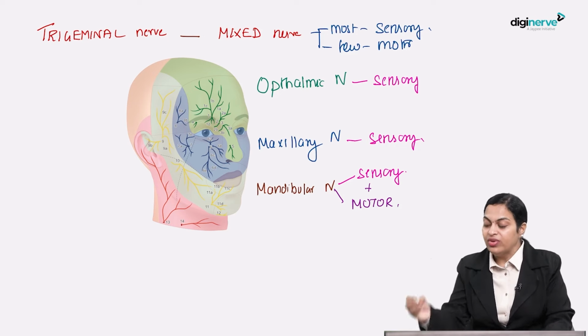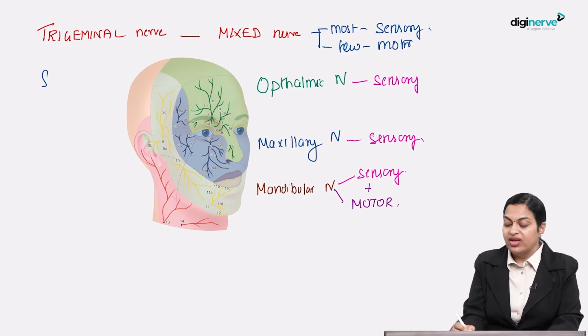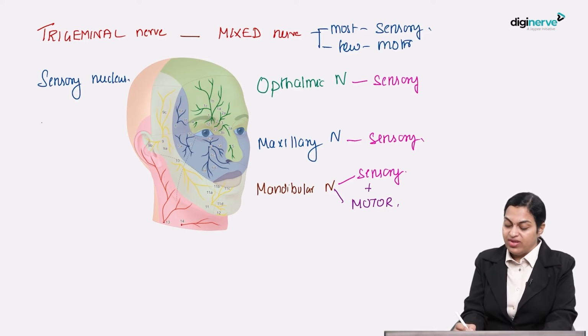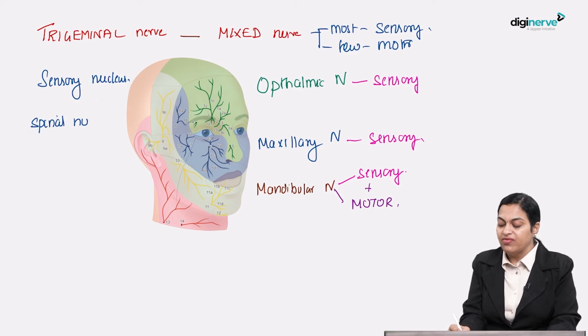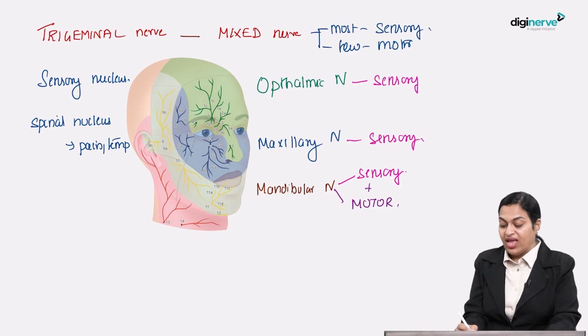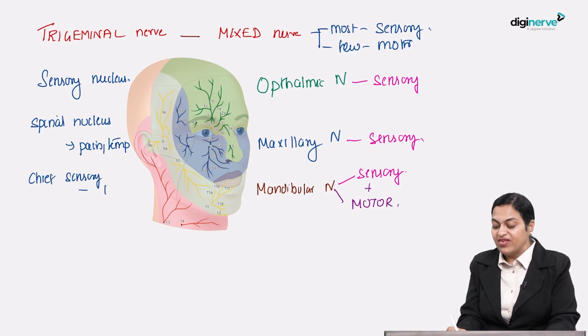Okay, and the nuclei related to the trigeminal nerve, the sensory nuclei, they are 3 in number in the brainstem. The first one is the spinal nucleus of the trigeminal nerve that receives pain and temperature from the face. And then we have the chief sensory nucleus of the trigeminal nerve that receives the touch sensation from the face.